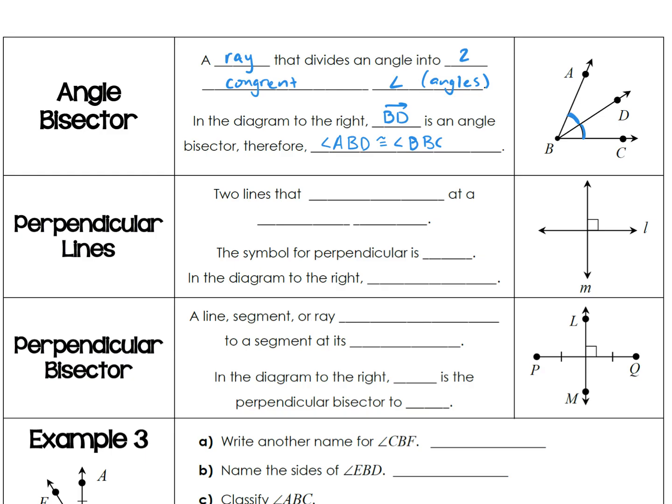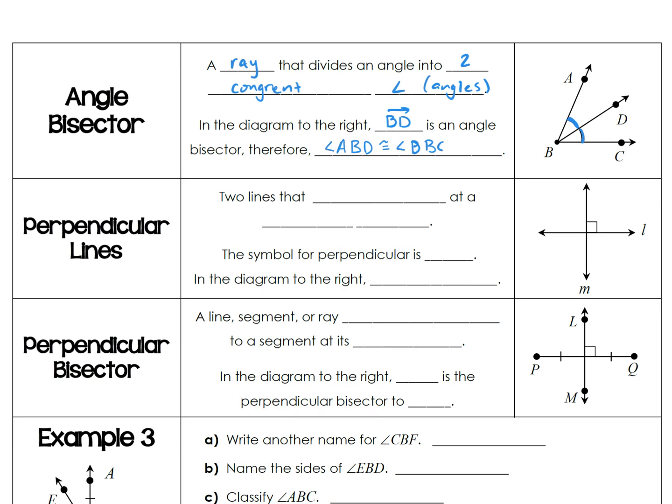Now, perpendicular lines should be an old favorite of yours. You should know what these are. But just to refresh, perpendicular lines are two lines that intersect and they intersect at a right angle, and they also form right angles.